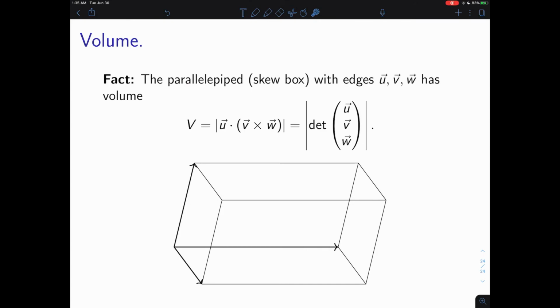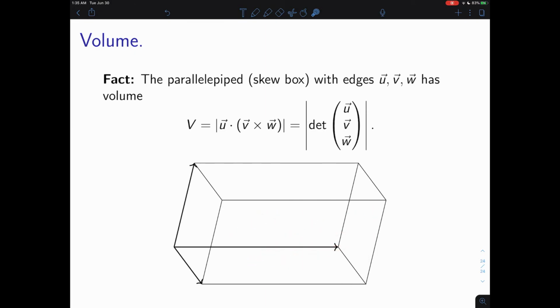Like, man, if you're really enthusiastic about this, parallelepiped, but maybe you call it a skew box or a prism or something. This is a box where the opposite sides are parallel.